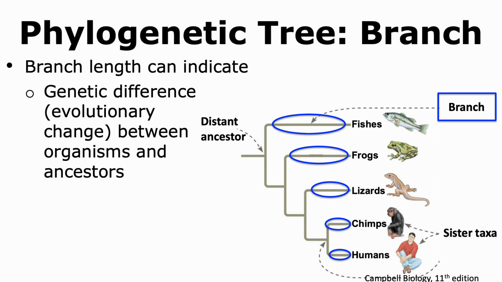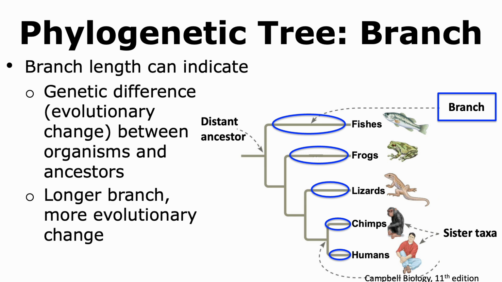The length of the branch can indicate the genetic difference or evolutionary changes that happen between the organisms and their ancestors. Generally speaking, the longer the branch, the more the evolutionary change between the organism and its ancestor.